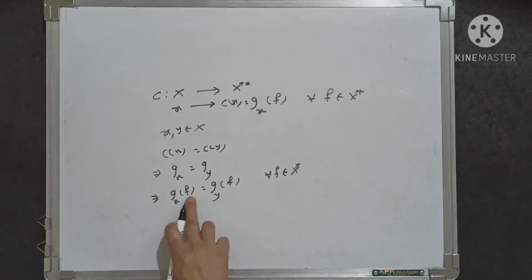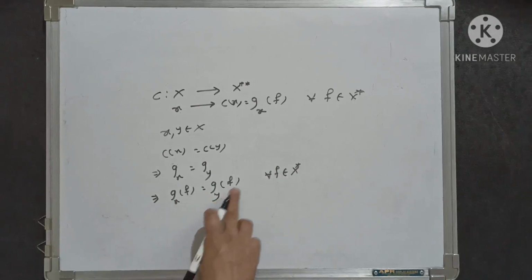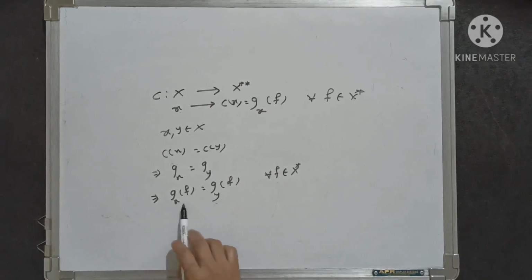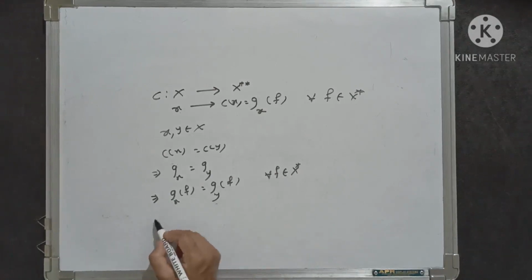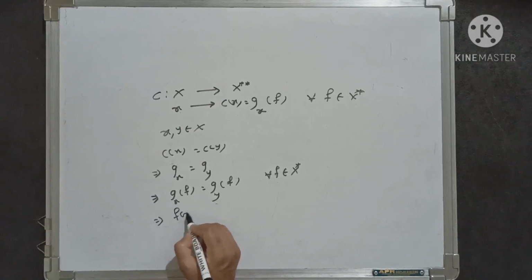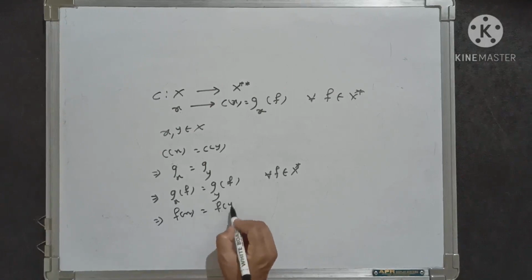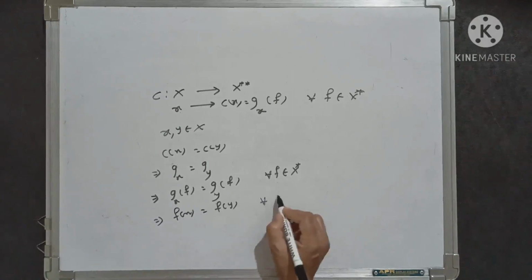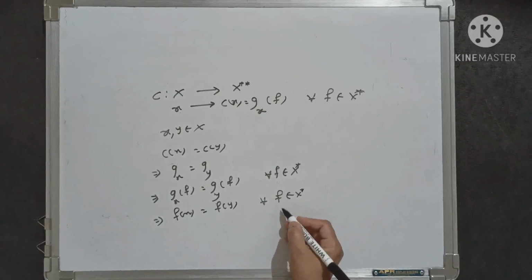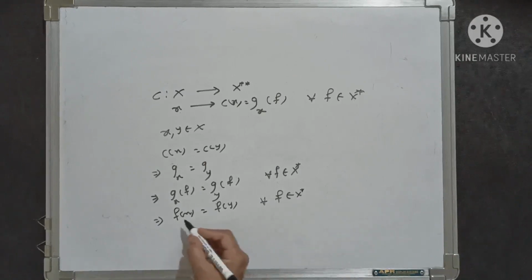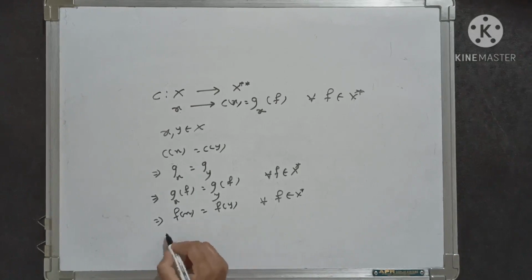Now g_x of f equals g_y of f for all f belonging to X star, but that is nothing but f of x equals f of y, and it is true for all f belonging to X star. That means for any linear functional on X, their images are equal, and it is possible only when the points are equal.